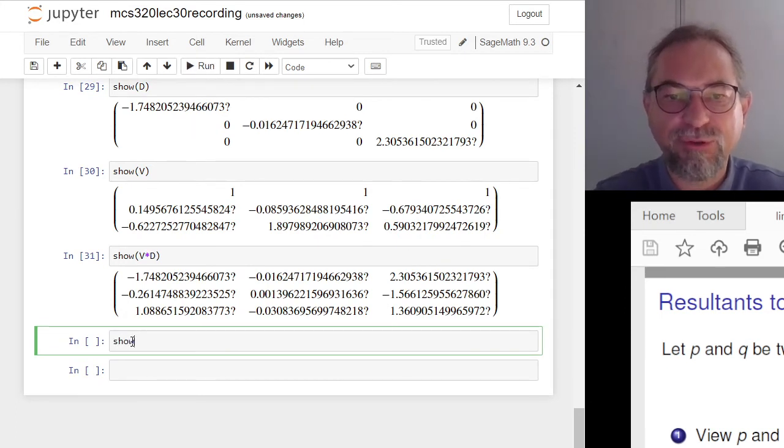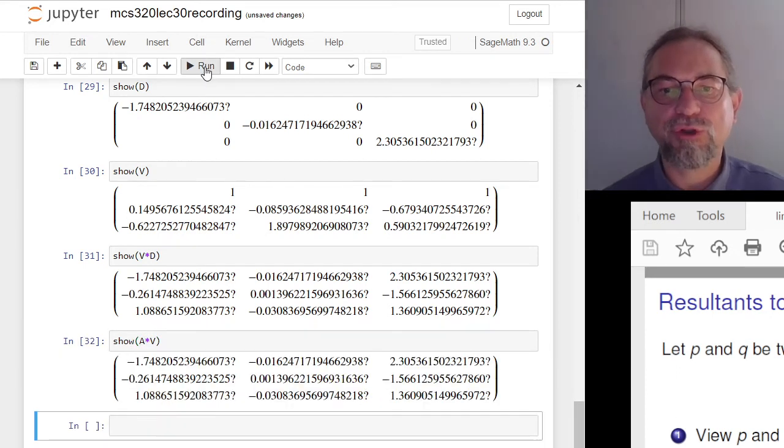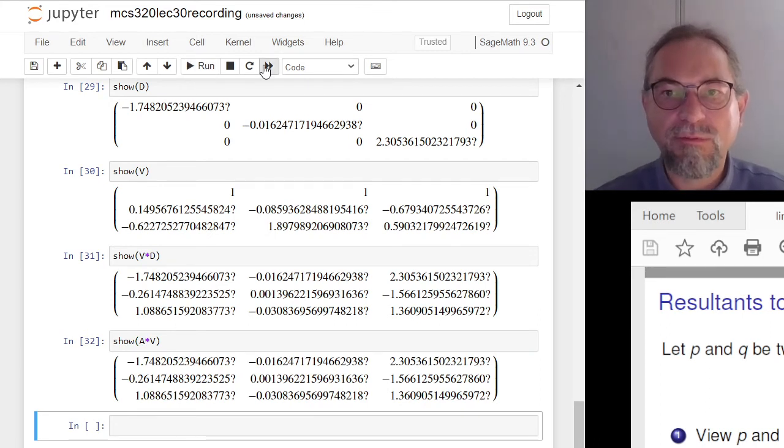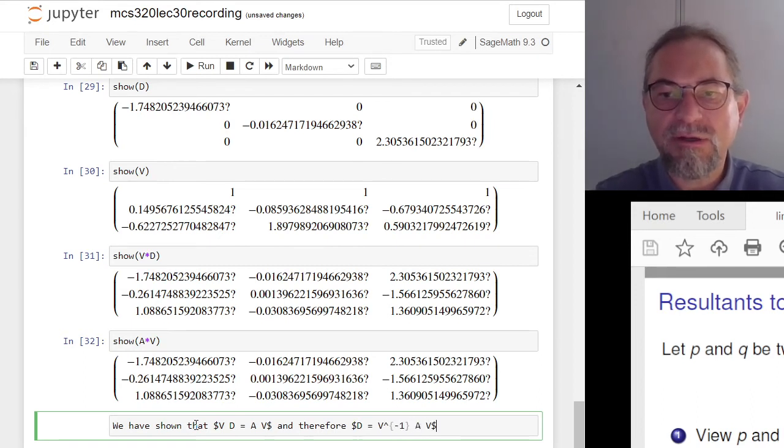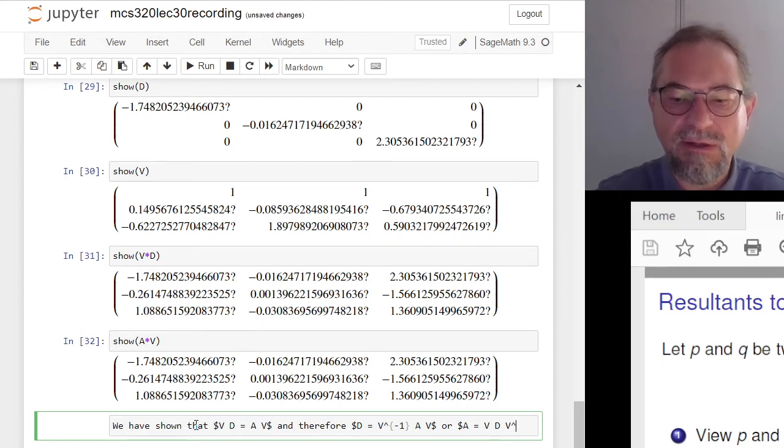The main point that I had to point out already is that obviously this is a diagonalization. What I'm trying to show now is, let me write that down, the factorization. We have shown that V times D equals A times V, and therefore we can write that D equals V inverse times A times V, or we can also write it the other way: A is V times D times V inverse.